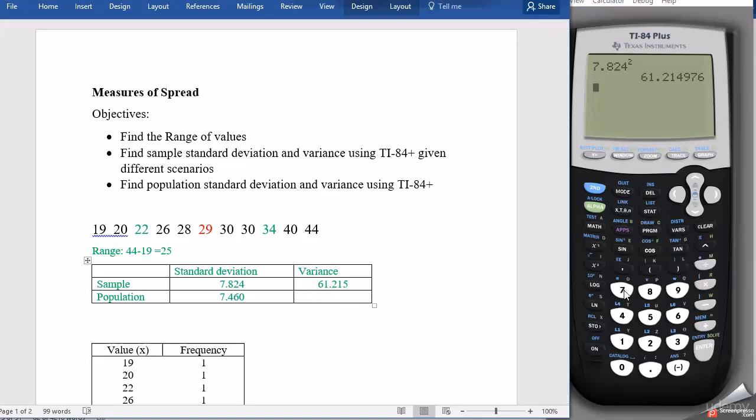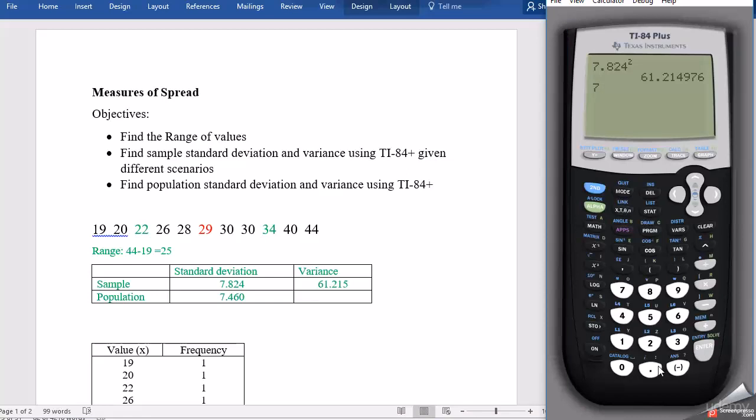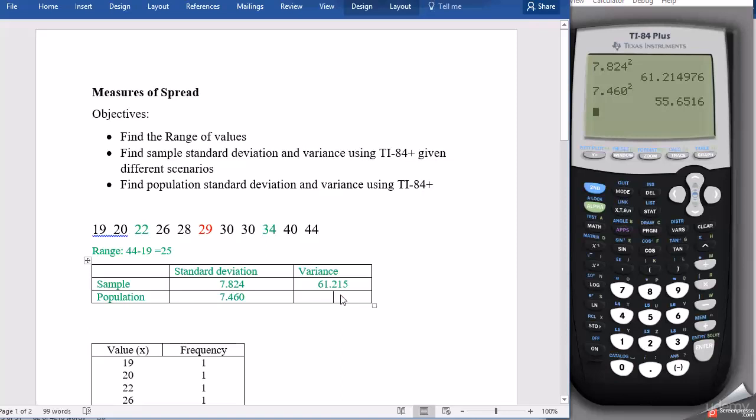We're going to do 7.460 squared. That gives us 55.652. I'm keeping everything to 3 decimal places for now. You can choose the number of decimal places you want to leave it.